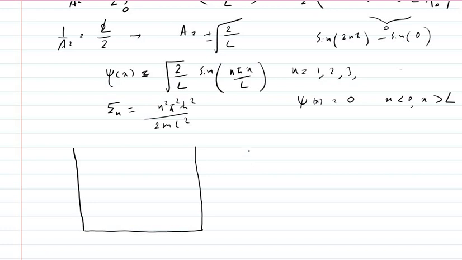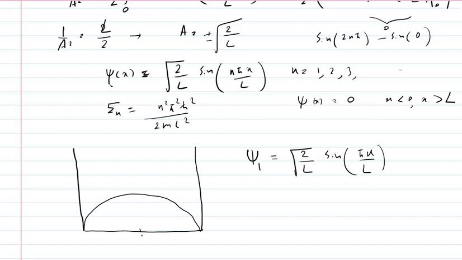When n is equal to 1, we have the ground state psi 1, which is equal to the square root of 2 over L times sine pi x over L, and that will be something like this. We get its maximum when x is equal to L over 2.